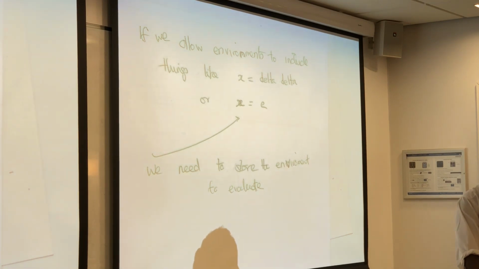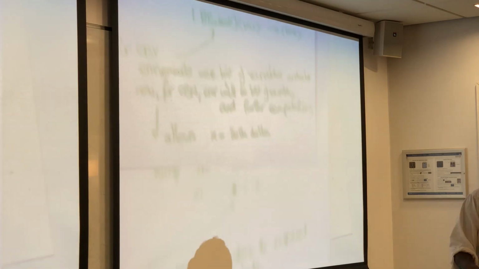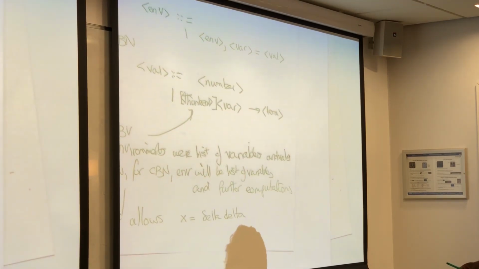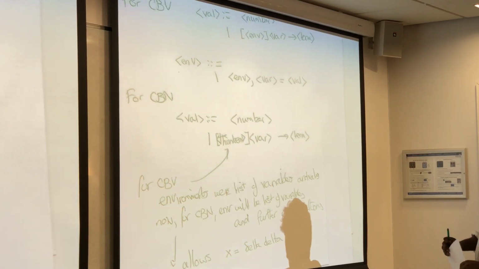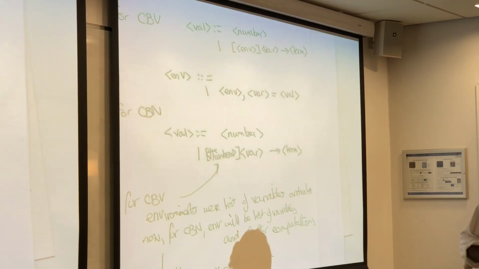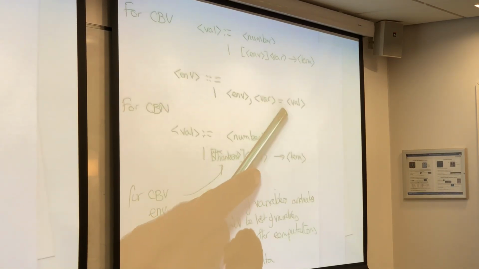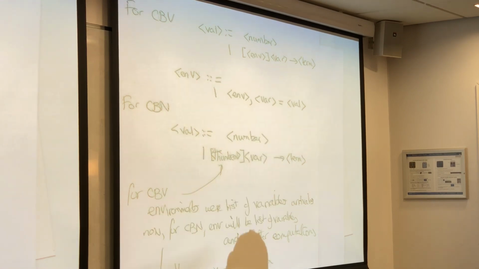Therefore, let's see, in the call by value semantics, a variable was equal to a value. But now we're going to put an arbitrary term here. But we can't just put a term there because we need an environment to evaluate that term in.